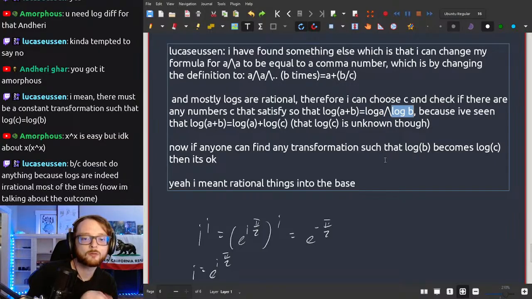Actually, well, I guess. Yeah, I was just wondering if your wedge thing is defined for irrational numbers.